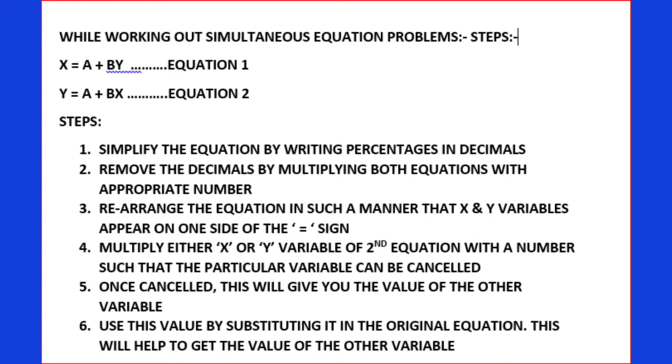Multiply either the x or the y variable of the second equation with a number such that that particular variable can be cancelled. Once cancelled, this will give you the value of the other variable. Then use this value by substituting it in the original equation. This will help to get the value of the other variable.